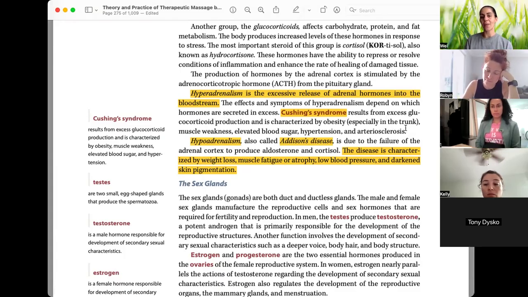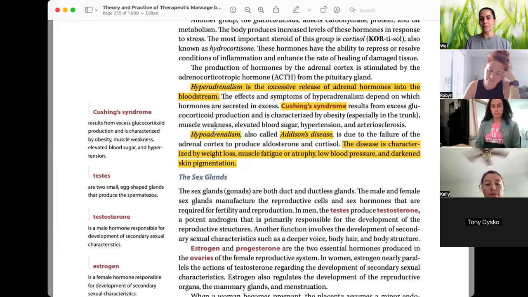So they'll have the side effects of pretty much diabetes, but they don't have diabetes yet. But they have the plaque happening, the blood pressure problem, the sugar problem, muscle weakness problem.